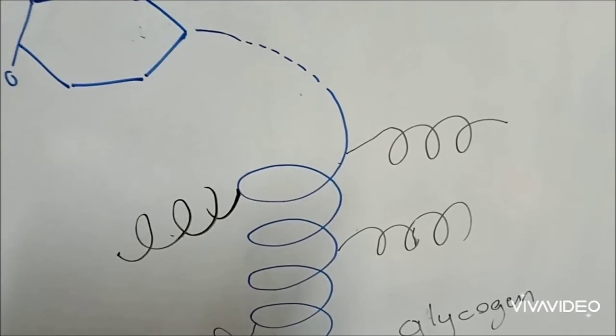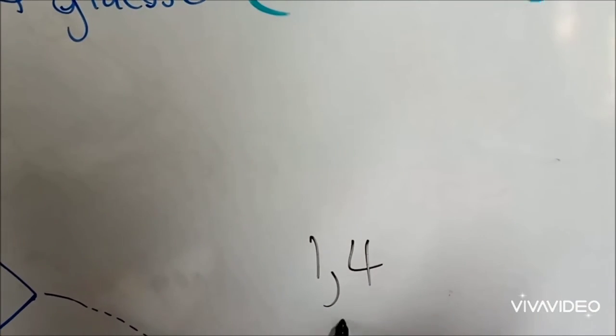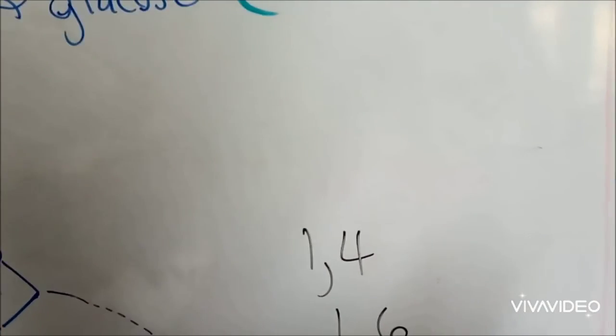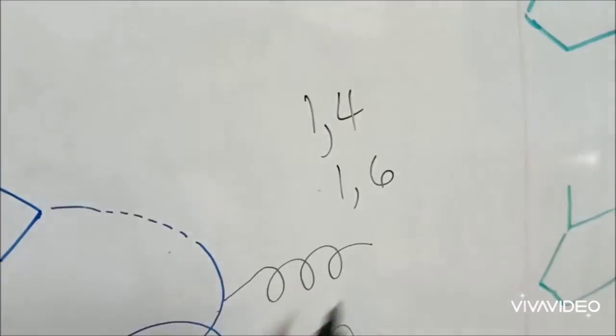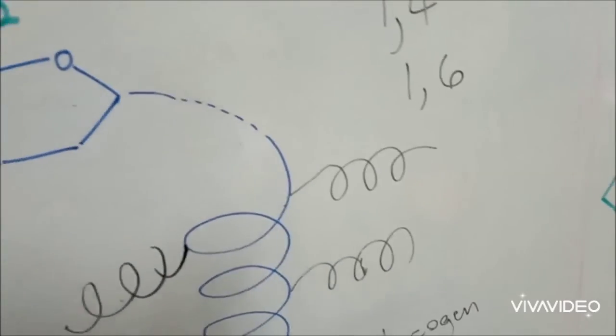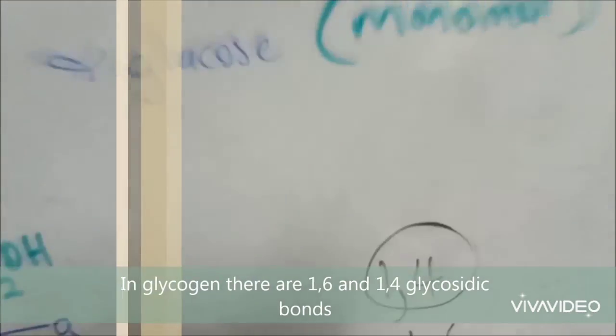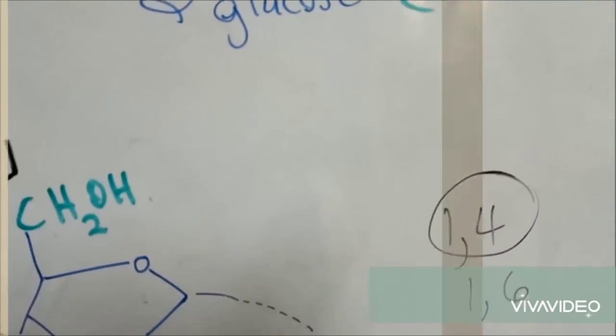So glycogen is made up of both alpha 1,4 glycosidic bonds and alpha 1,6 glycosidic bonds, because the 1,6 bonds are the branches, and the 1,4 bonds are the helical parts like this. In amylose, you only have alpha 1,4 glycosidic bonds.